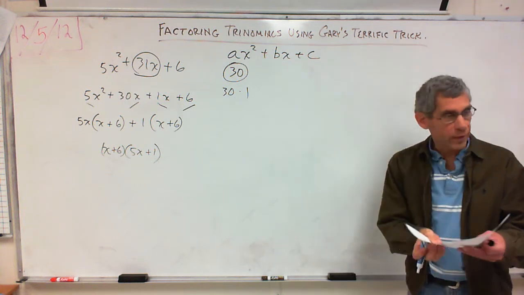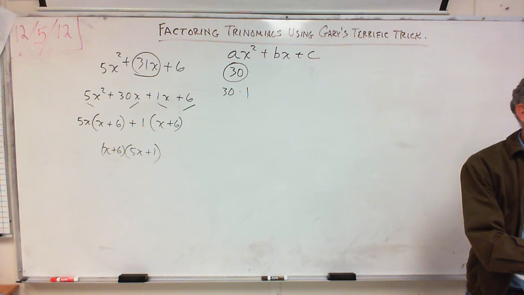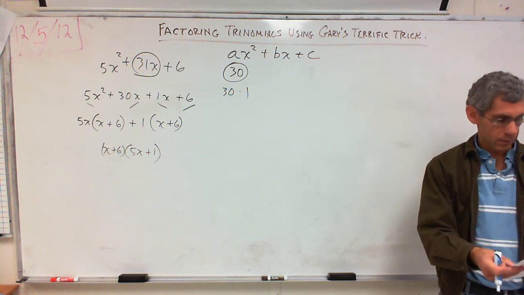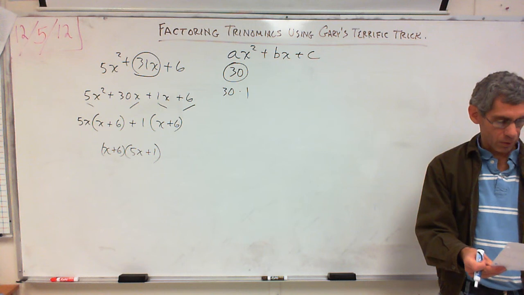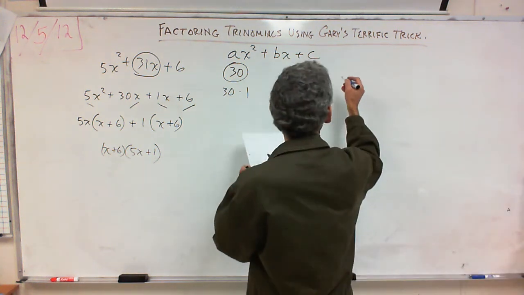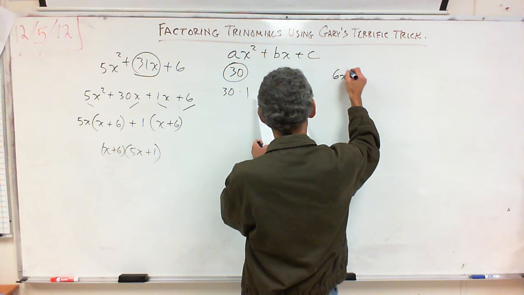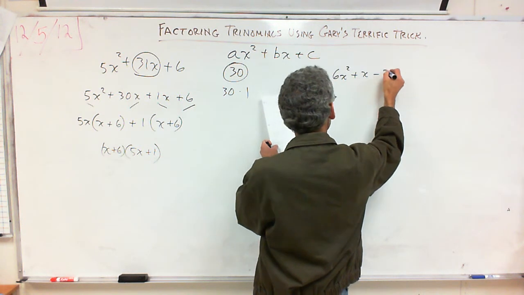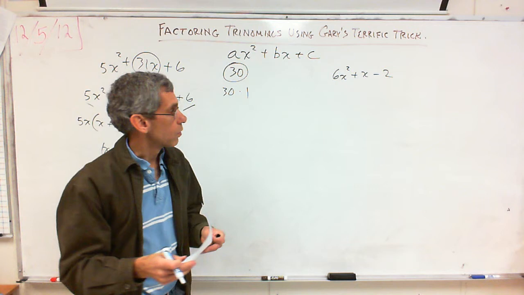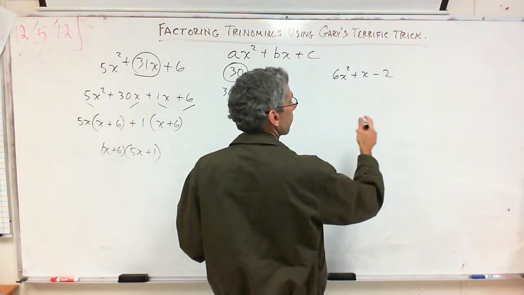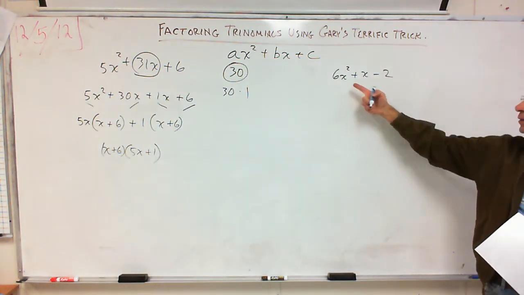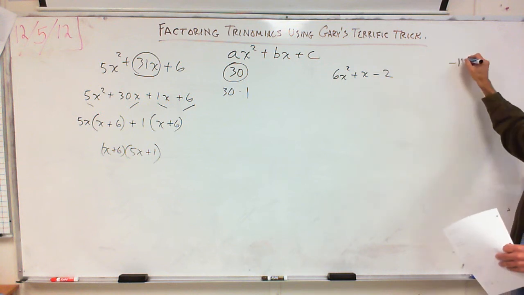All right, now we're going to try that hard one. Where was the one that had possibilities? Oh, this number 5. Let's try this one: 6x squared plus x minus 2. A times C: 6 times negative 2 is negative 12.